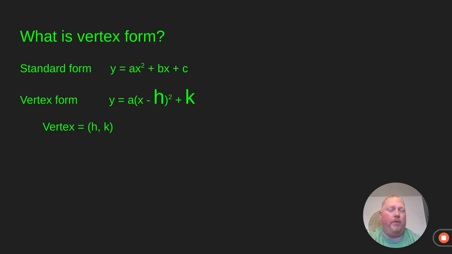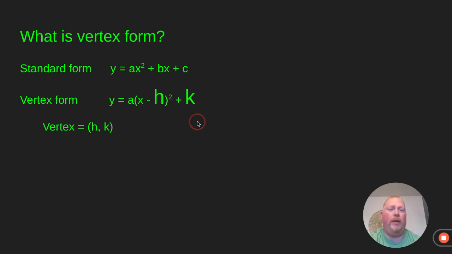An important point to note here, notice how it's x minus h. So I've got a negative h in the formula, but a positive h in the vertex. So the sign on that x coordinate is going to change. On this one, we have a positive k, and in the vertex, we have a positive k. So the sign does not change on the k. It only changes on the h.